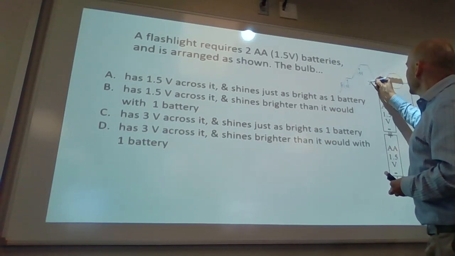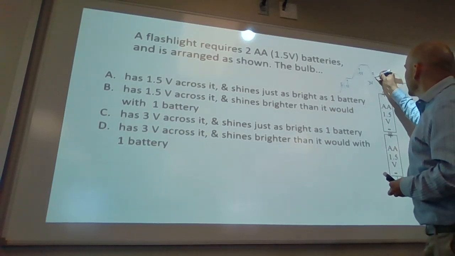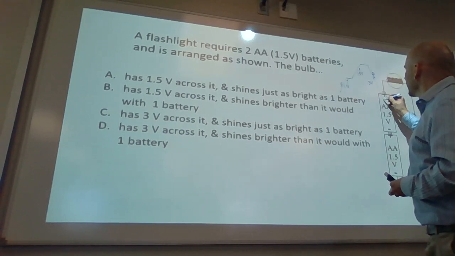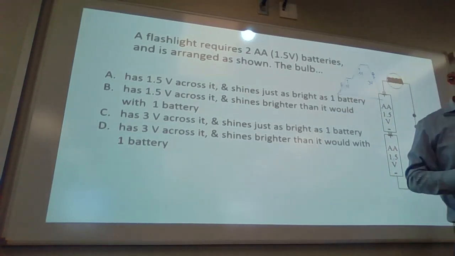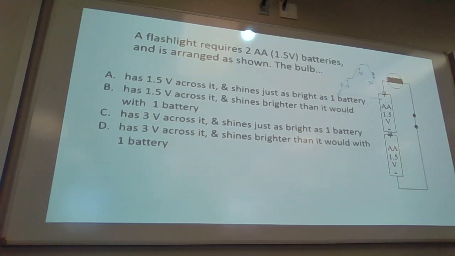And then you have a 3 volt drop. Does that make sense? As you add batteries in series, you add the voltage because you're adding more potential gain, voltage gain to that loop.